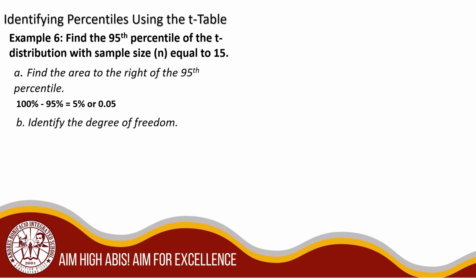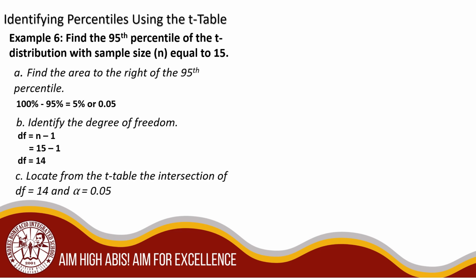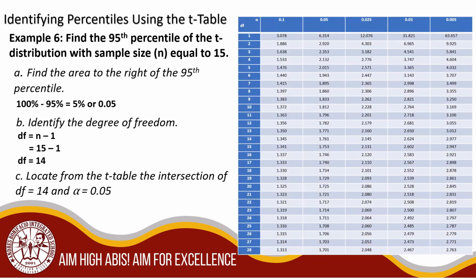Then after that, we are going to identify the degree of freedom. So that's again df is equal to n minus 1. So that's 15 minus 1 is equal to 14. Then after that, we are going to locate from the t-table the intersection of df is equal to 14 and the area or the alpha is equal to 0.05. So we have the t-table here.